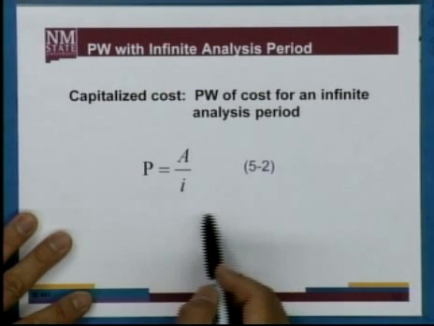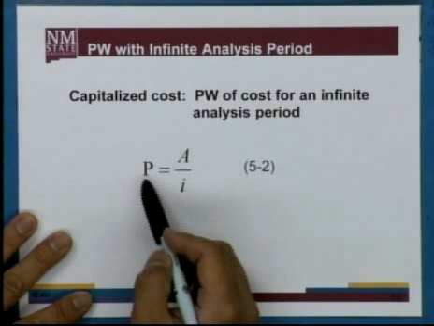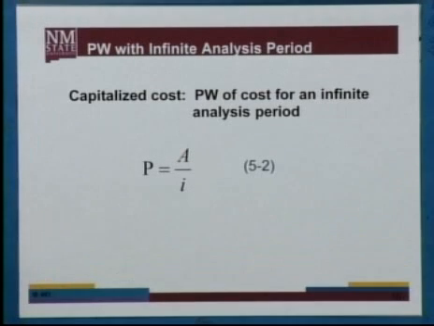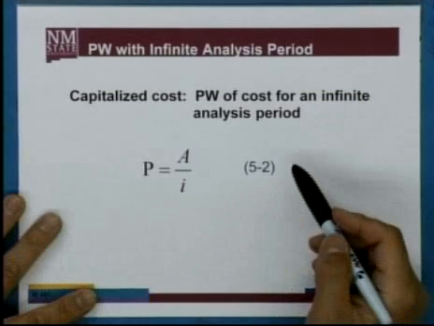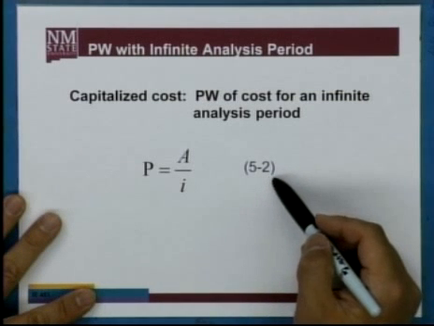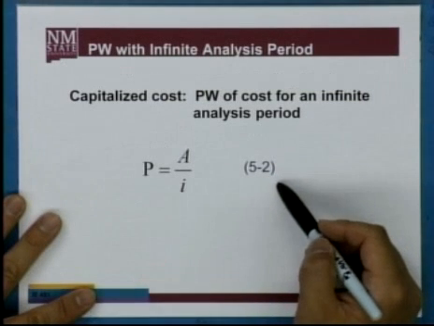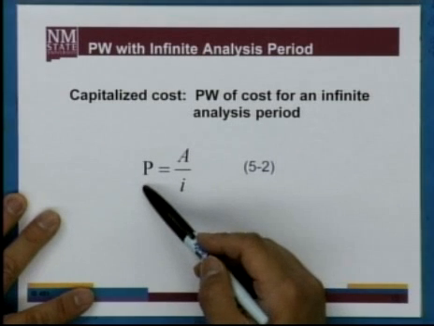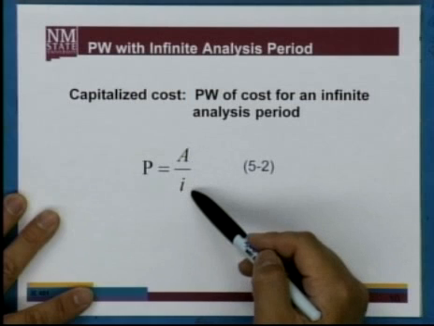And the capitalized cost is the PW, present worth, of annual costs that are assumed to occur in perpetuity. And it can be calculated by equation number 5-2 in our textbook, which says capitalized cost P equals A over i.